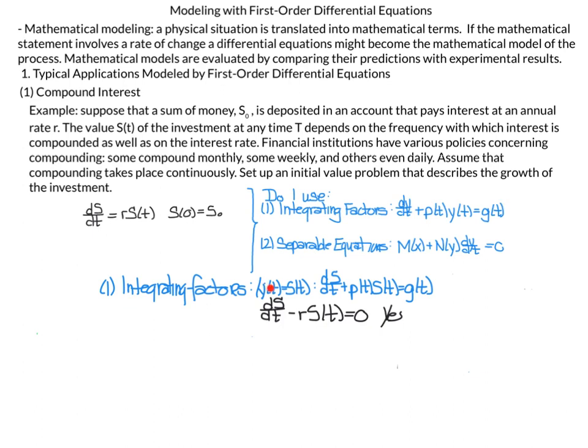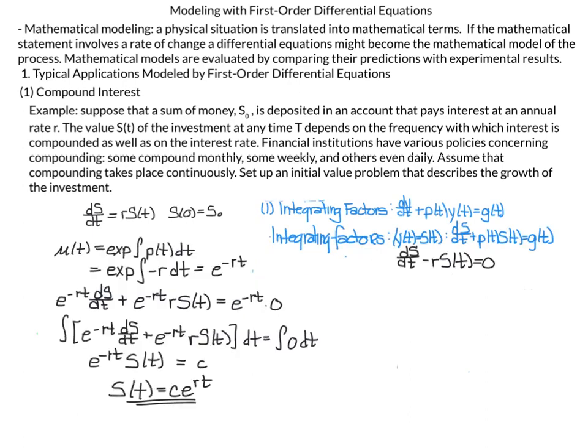So what I want is dS/dt plus p(t) times S(t) equal to g(t). I move my rS(t) onto the other side of the equation, and I can see I have dS/dt. My p(t) is going to be equal to negative r, and my g(t) is going to equal 0. So yes, I can use integrating factors.